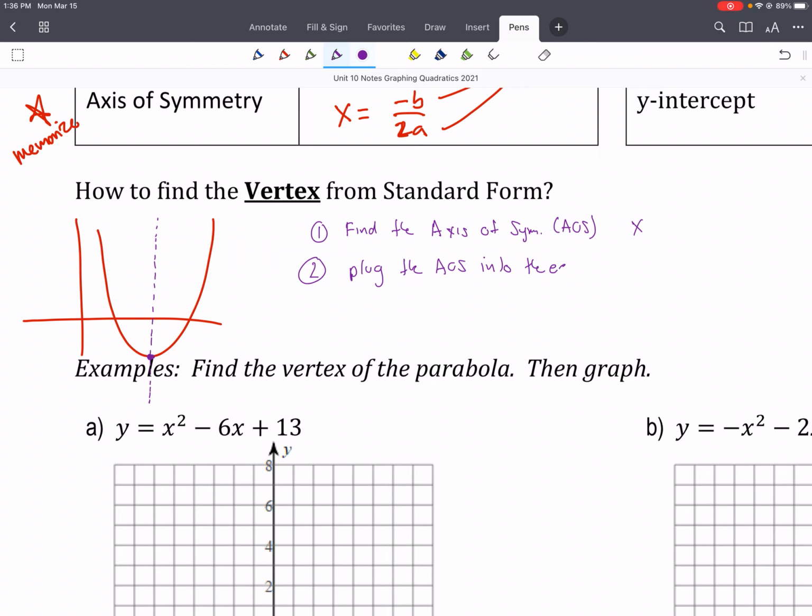And that axis of symmetry, again, that's just your x. So that ends up giving us a y. And that (x, y) gives us our vertex. So let's do a couple examples and see if this helps you understand a little better.